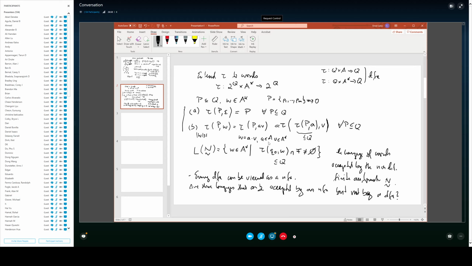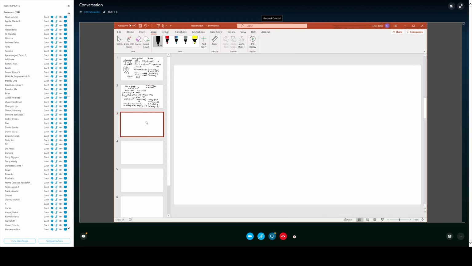So let's look at an example, the example that we had before. Let me write it down again: states 0, 1, 2, 3, and letters A and B, with the transitions we needed. This is the automaton. And now let's play a game.